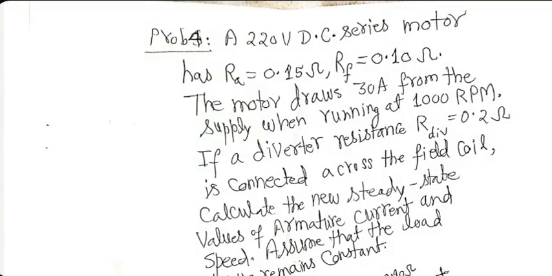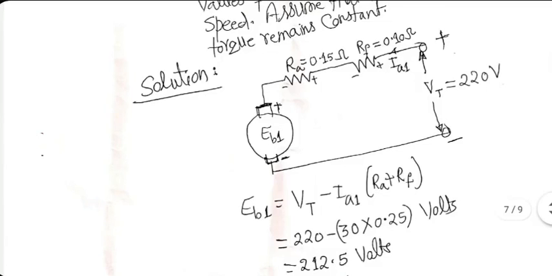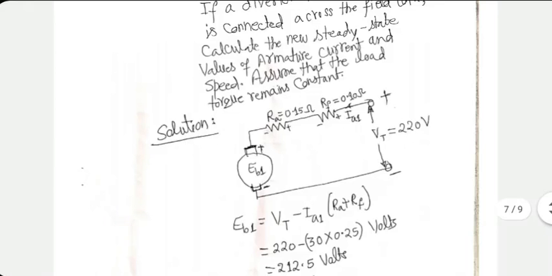A 220 volt DC series motor has RA so much, RF so much. The motor draws 30 amperes from the supply. It's a diverter resistance. Case A is when it's a normal series motor.